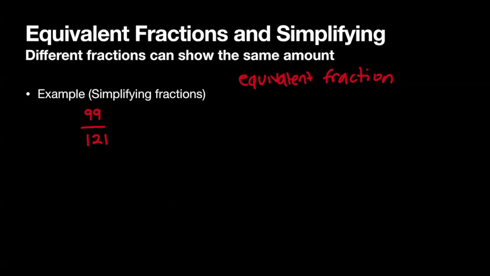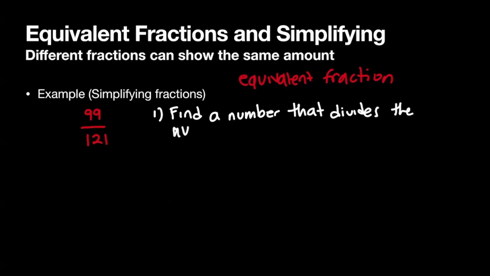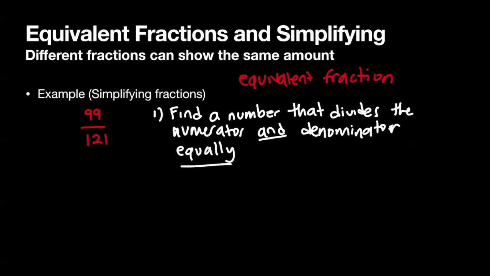So what we do here is find a number that divides the numerator and denominator equally. Remember, equally means the result is a whole number, right?